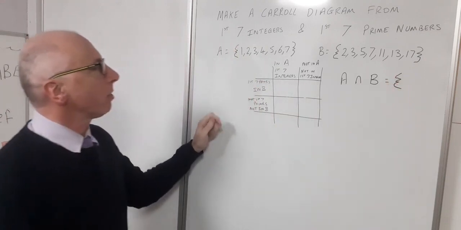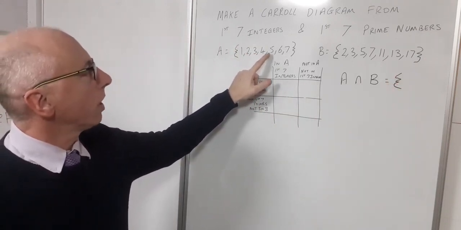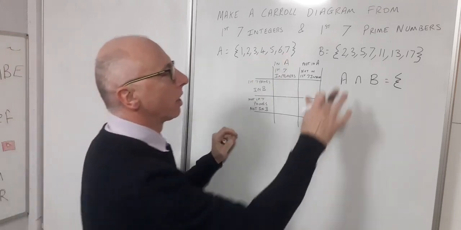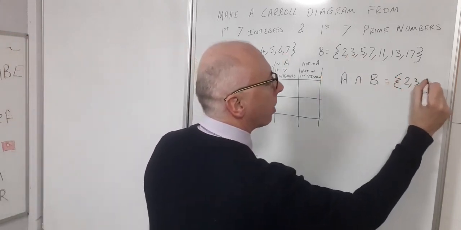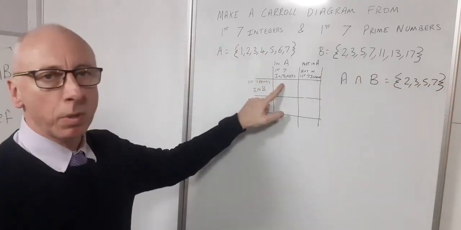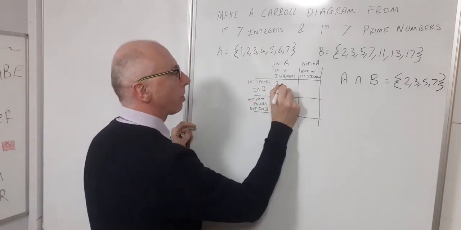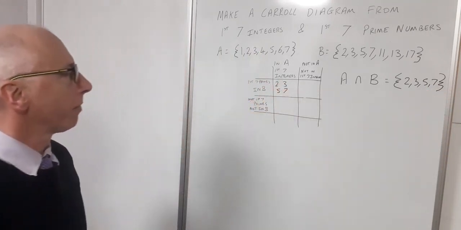So what's in A and in B? Well, we've got 2, 3, 5 and 7. So that's our intersection there of A and B. So that's what we can put inside here.